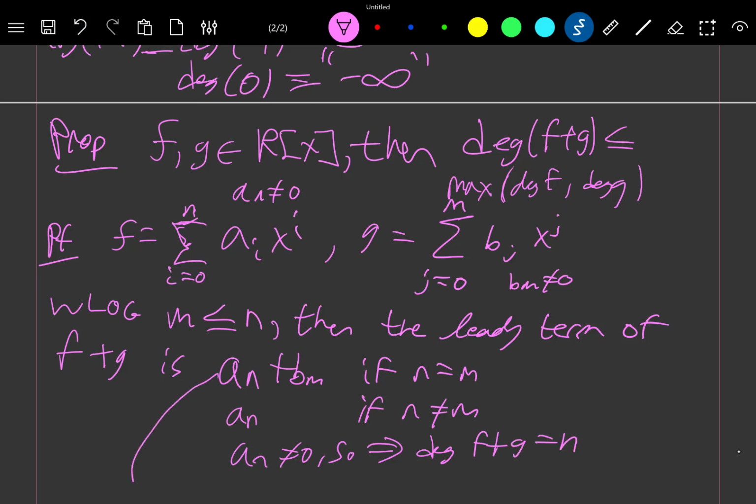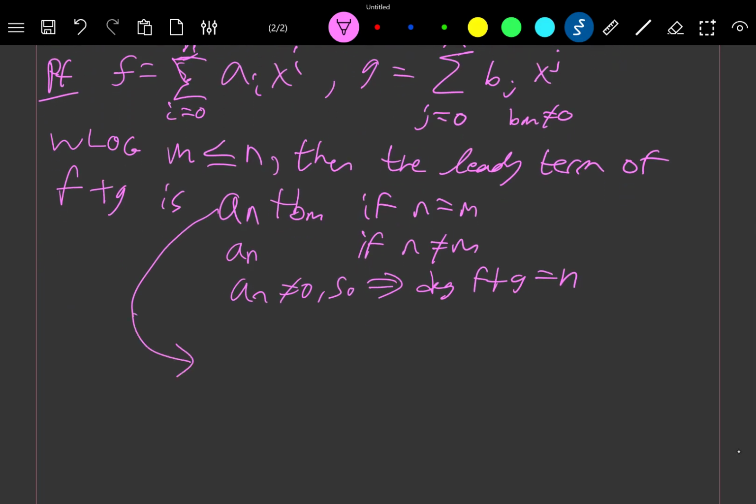But in this case here, if they are equal, if b_n is minus a_n, this tells us that we go down a degree.